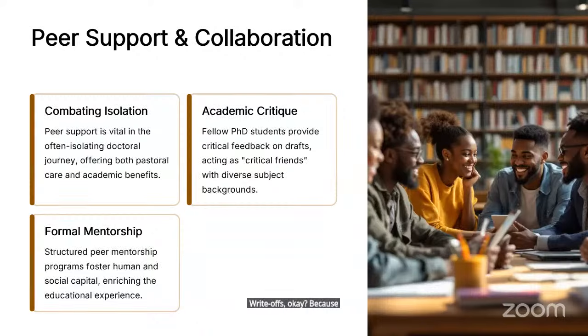Because when we meet as a pool of doctoral candidates and we are able to compare notes and compare our thoughts, it gives our critical friends from diverse subject backgrounds the ability to also weigh in and make sense of what we are working on.